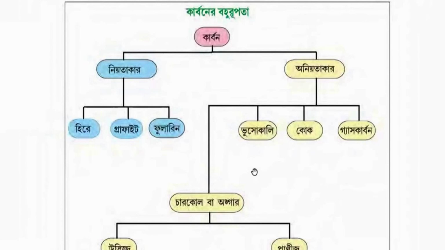Next comes, in Bengali what is called Bhushokali, in English it is called lamp black.